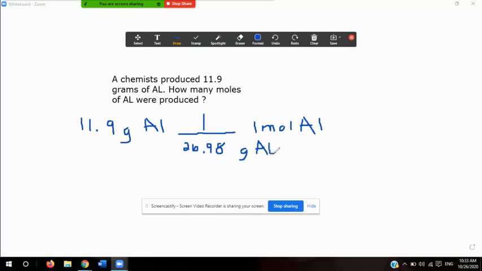And now our units cancel out. So grams of aluminum cancels out with grams of aluminum. What we're going to do is multiply 11.9 times 1 and divide that answer by 26.98. So 11.9 times 1 is 11.9 grams of aluminum, over 26.98.